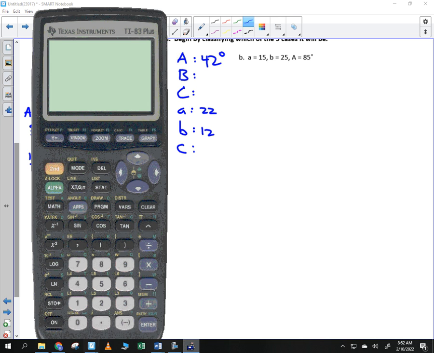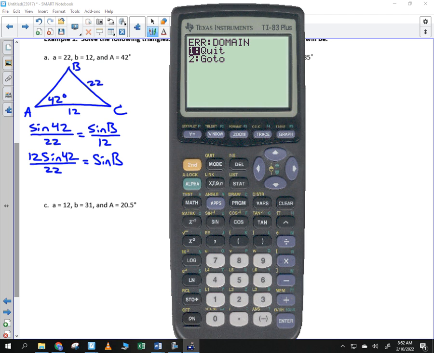So we go ahead and take our calculator. And I have 12 sine of 42.